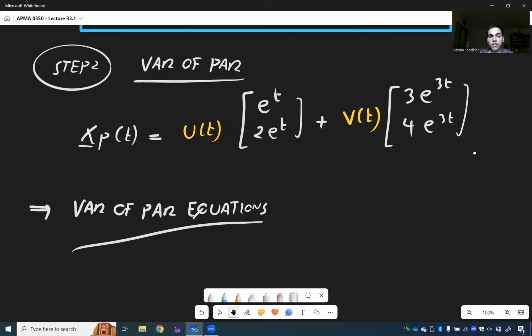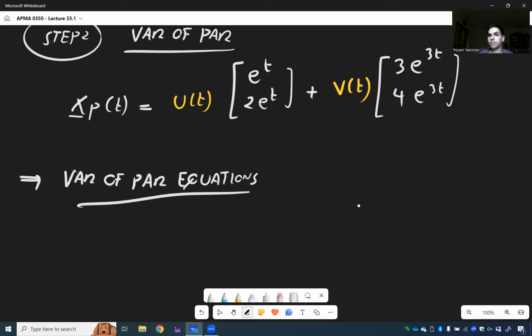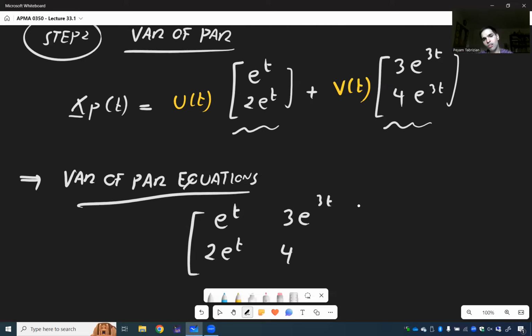So it turns out that u and v satisfy the following system. The good news is there's no differentiation involved anymore. So you literally put those two vectors together. So [e^t, 2e^t] and [3e^(3t), 4e^(3t)]. And then, as before, u prime, v prime.